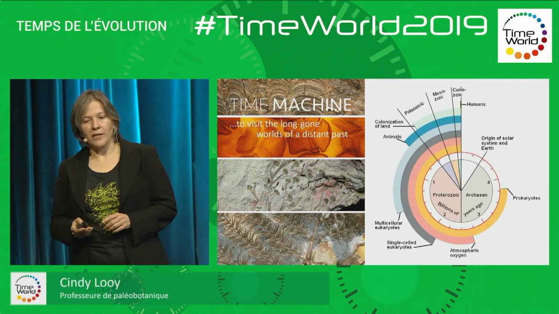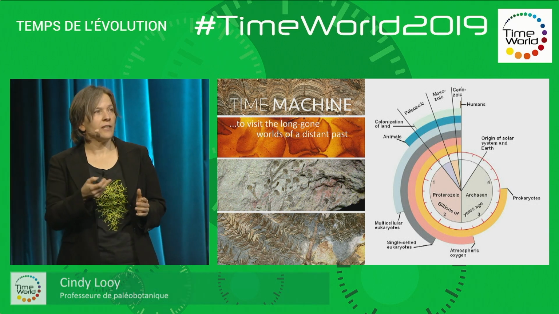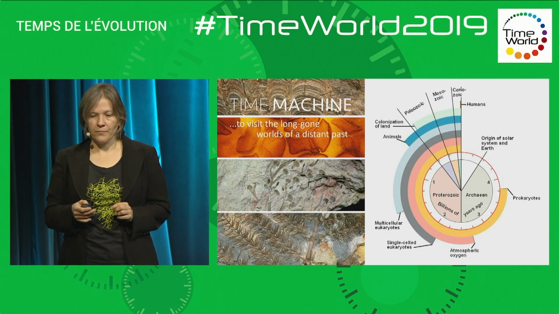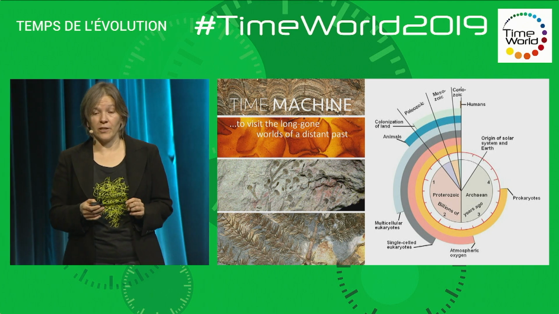So this diagram on the right shows in a clockwise manner the most important things that happened in life on our planet. At the top right, you see the origin of the solar system and the Earth.